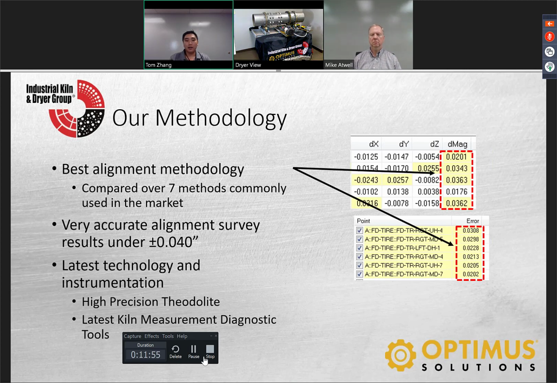The accuracy range that we try to adhere everybody to in terms of our crew before they leave site is a plus or minus 40 thousandths or overall 80 thousandths limit. These are limits on the fit of the tires, the station-to-station movement.